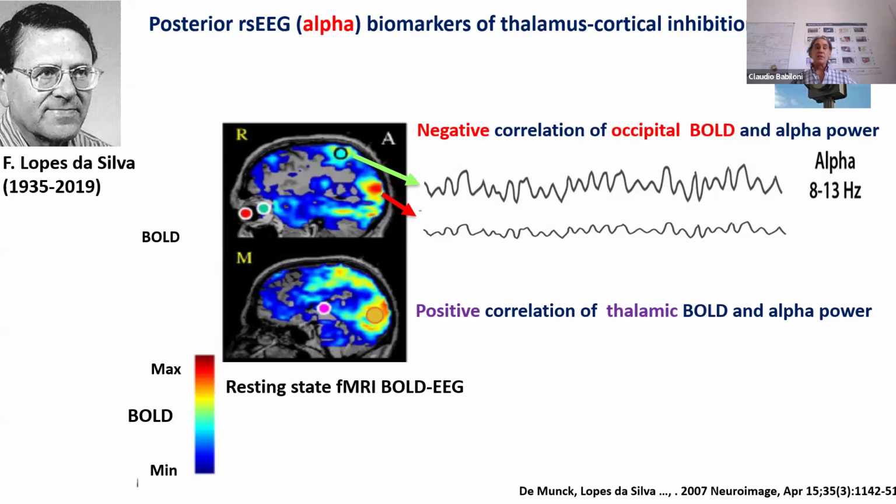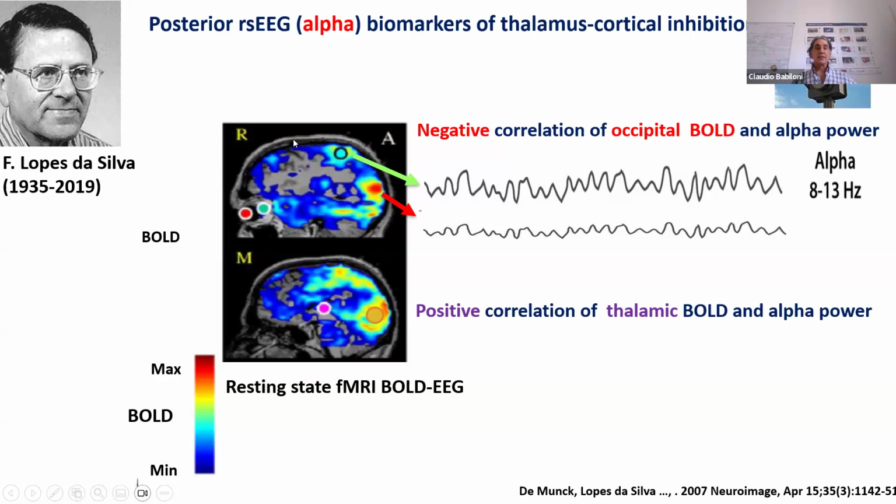In humans, his group used simultaneous recordings of resting state EEG activity during eyes closed condition and bold signal of resting state functional magnetic resonance imaging. So a co-registration of these two modalities during resting state in healthy humans. And you see the results in this picture.